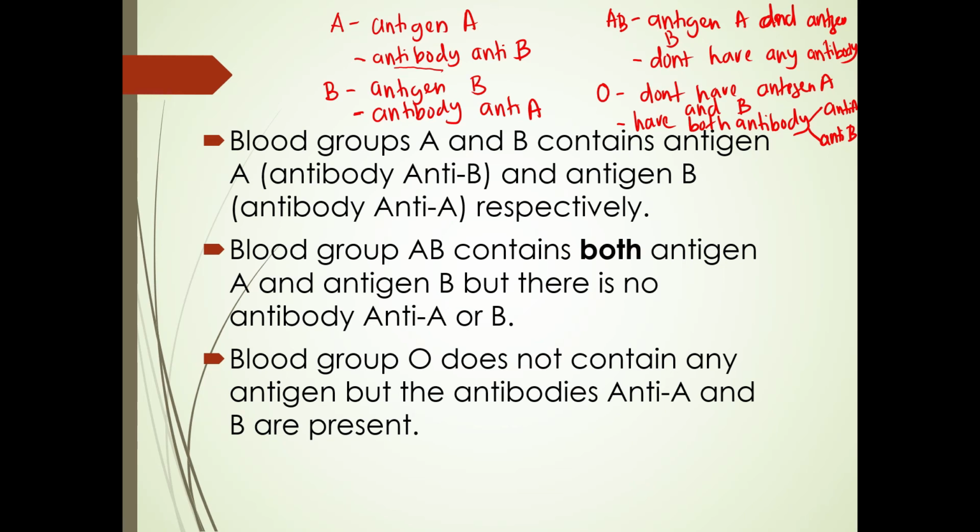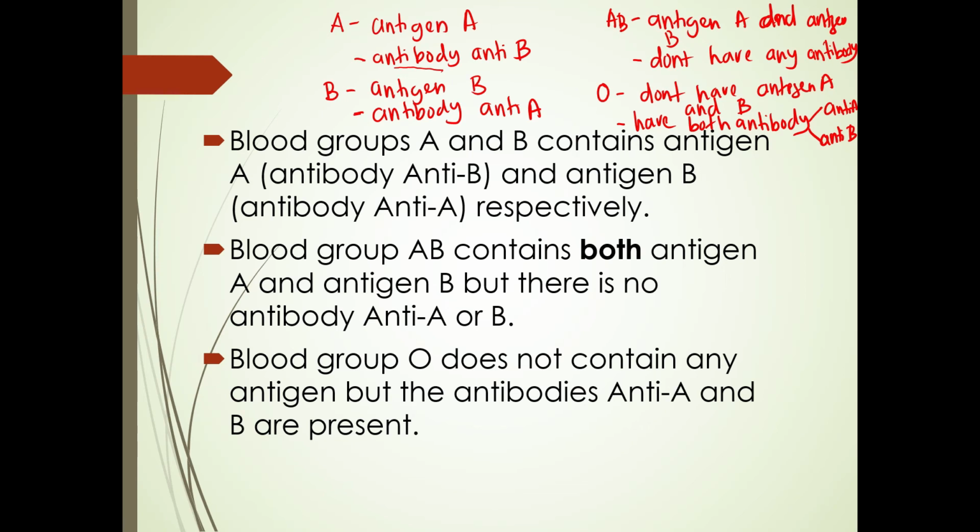How about O? O doesn't have any antigen A and antigen B. It doesn't have any antigen A or antigen B, meaning they don't have a face, no recognition. So when there is no recognition, let's say for an A type person who needs blood, O can donate.